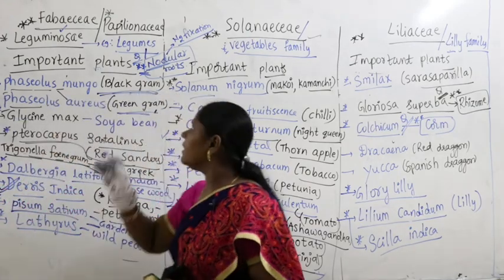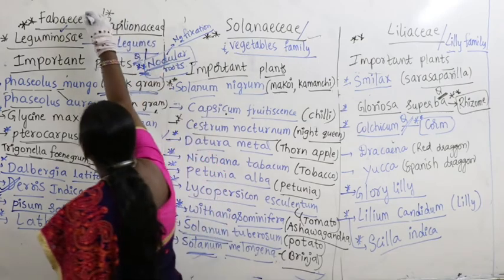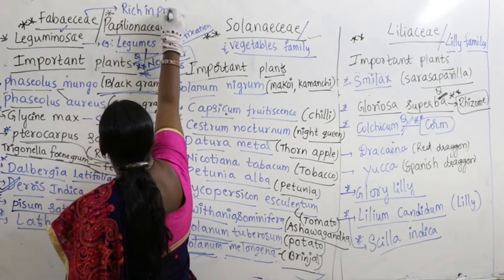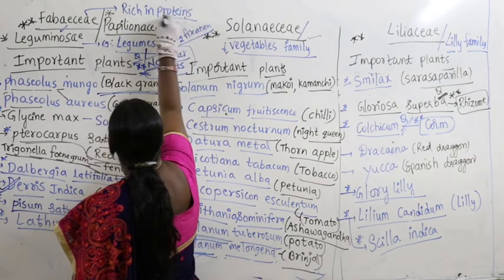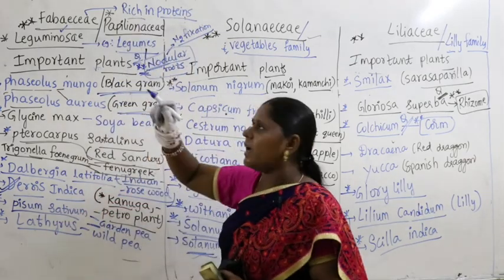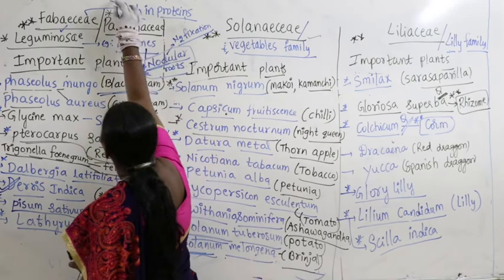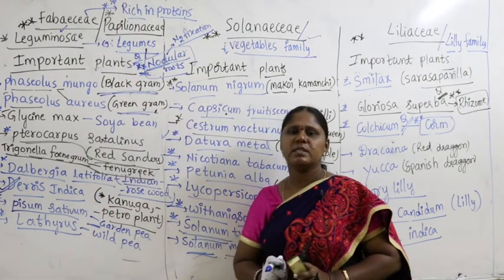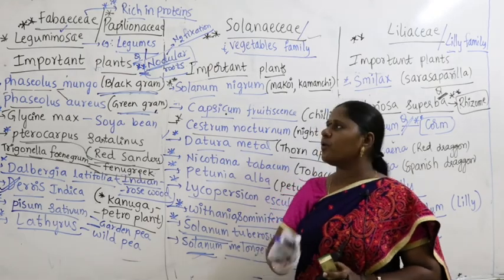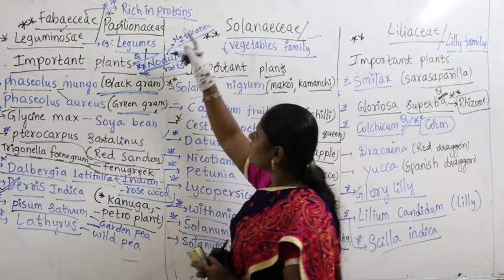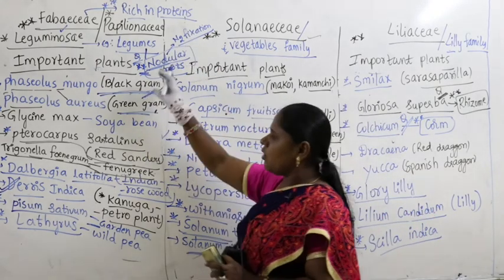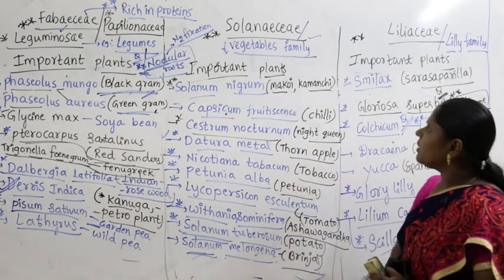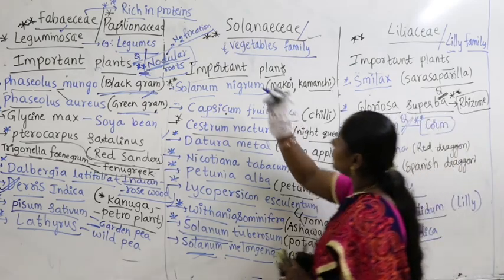Generally, Fabaceae members are very rich in proteins, they have high protein content, because grams, pulses, all these things fall in the category called Fabaceae.